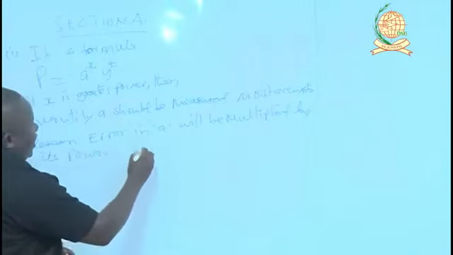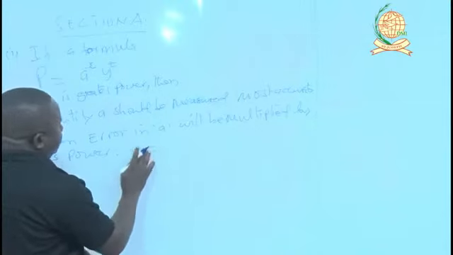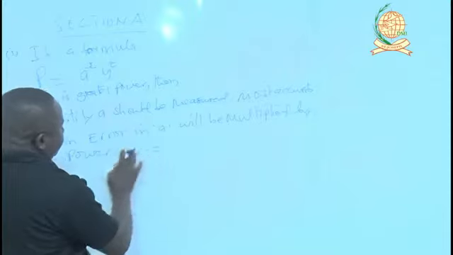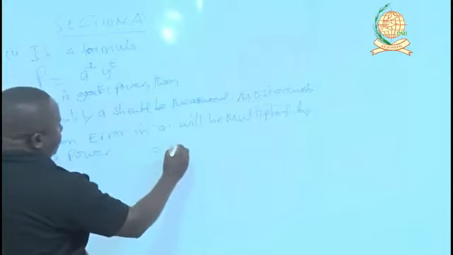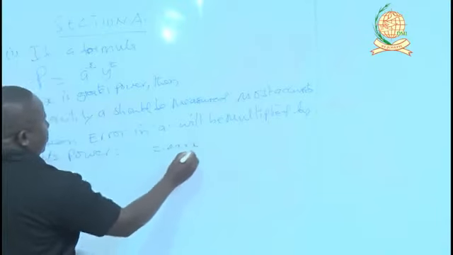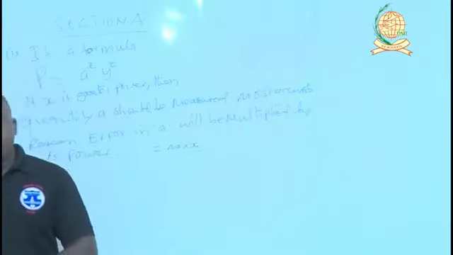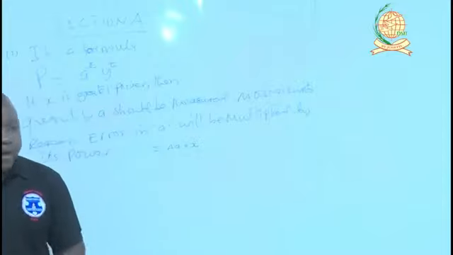That means the error in A is multiplied by X. This is the reason why the quantity with the greatest power should be measured more accurately.